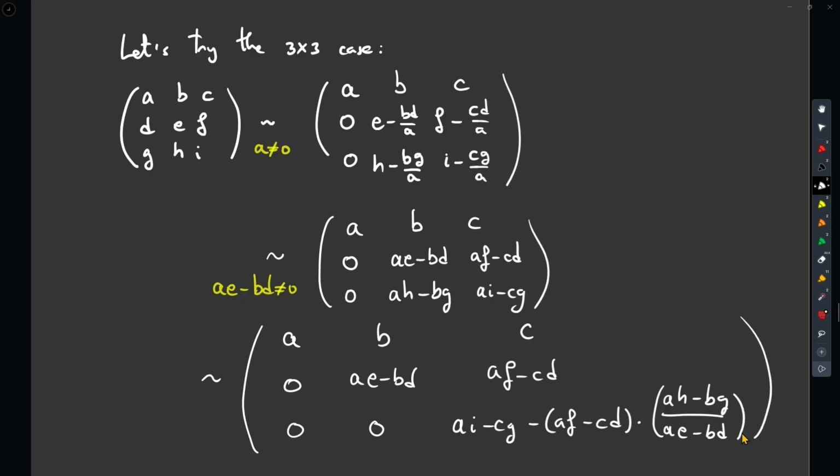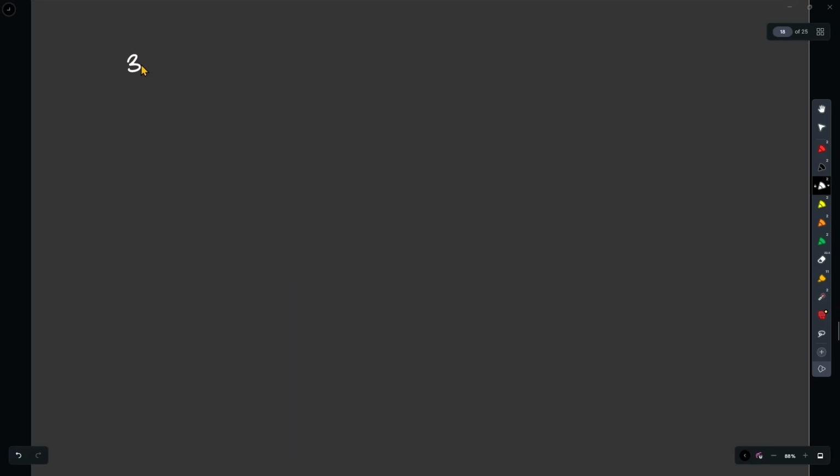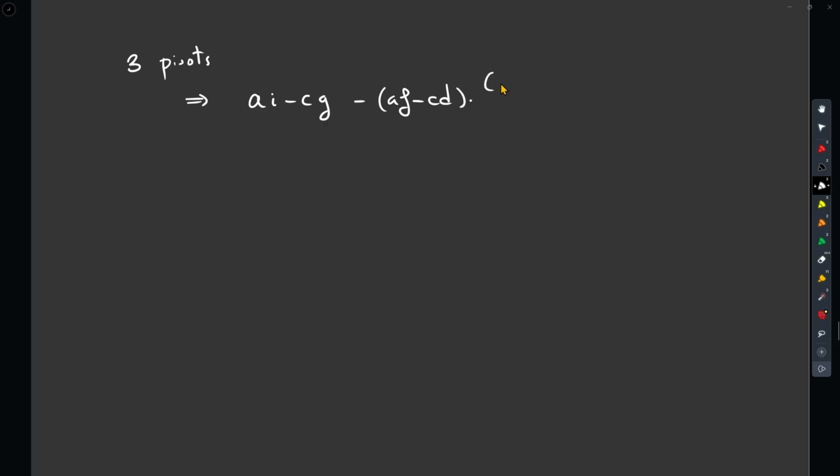Okay, so if there's going to be 3 pivots, then this expression here must be non-zero. So we must have that AI minus CG minus AF minus CD times AH minus BG divided by AE minus BD is non-zero.